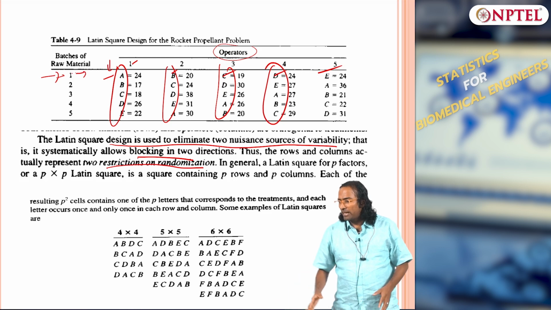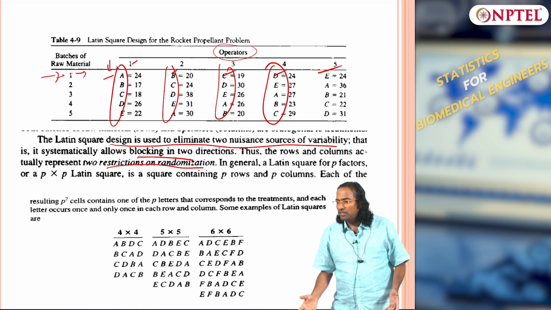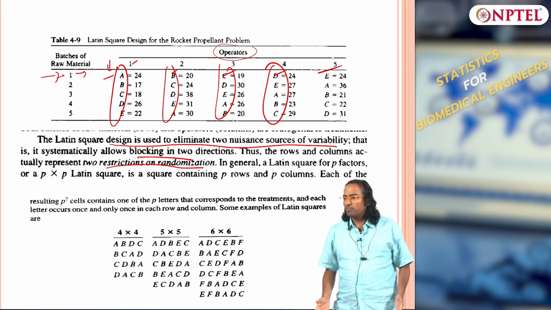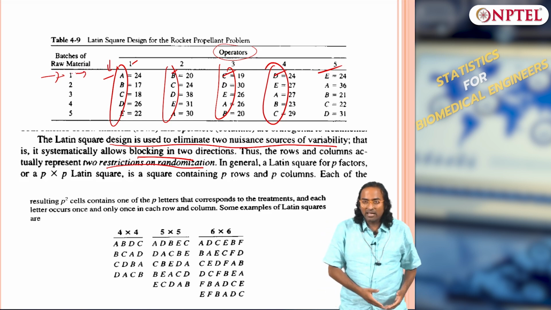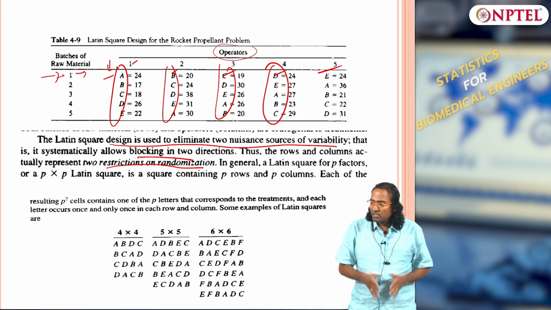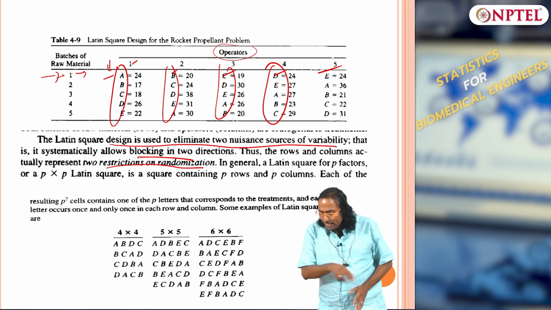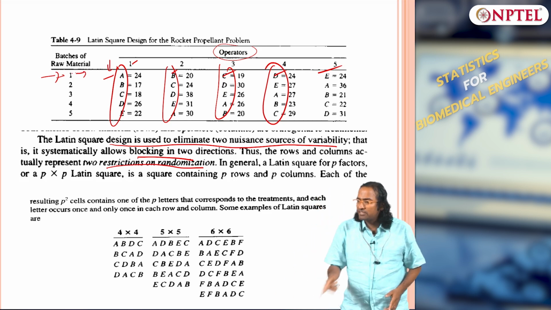If you have 4 tailors, each tailor should work on the old machine as well as on the new machine, otherwise how will you say one is better than the other? Then the tailor will influence the result, because one tailor may be an expert and another a novice. Unless you expose the same tailor to both machines, you cannot look at the difference between how they operated on the old machine versus the new machine.